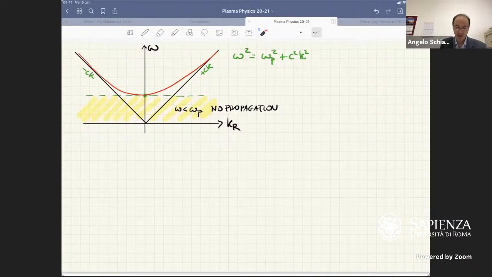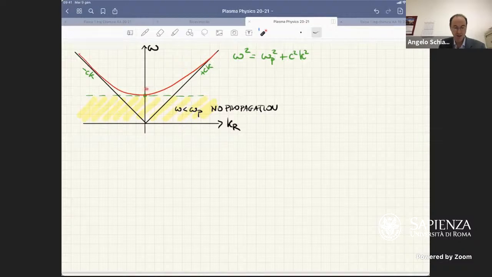Instead, if we go to wavelengths longer than, let's say, optical radiation for our plasma of interest, and we go to microwaves or radio waves, we see that lambda is increasing and k is going to 0.